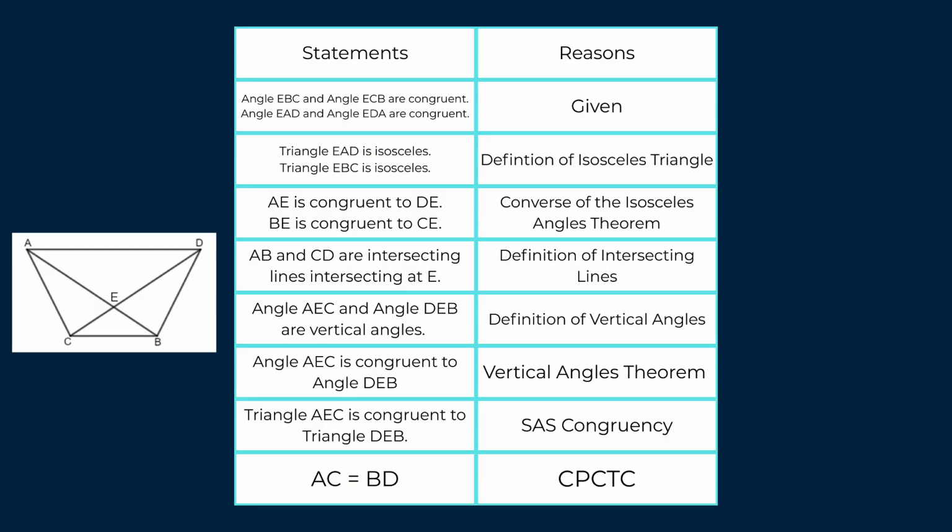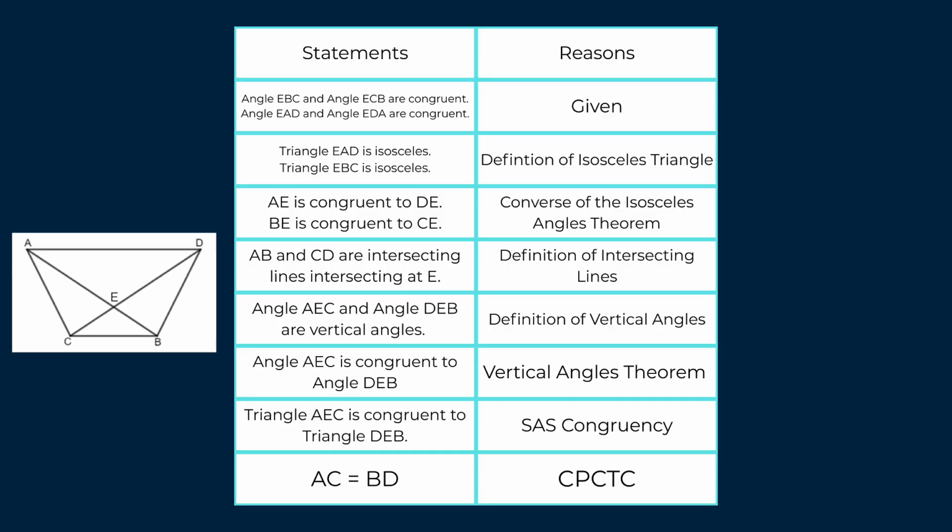Now, what does this do? AE is congruent to DE and BE is congruent to CE. If you look at what this means for these triangles, you can see that AE and CE are part of a triangle A, E, and C. If you connected the points A, E, and C together, they make a triangle.